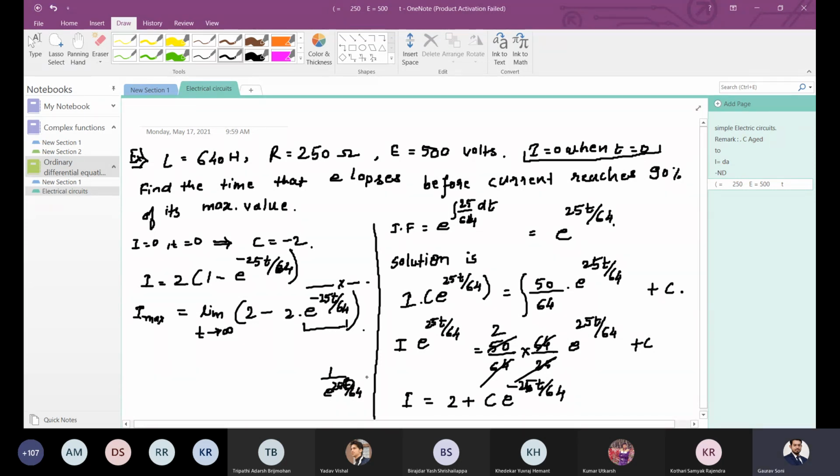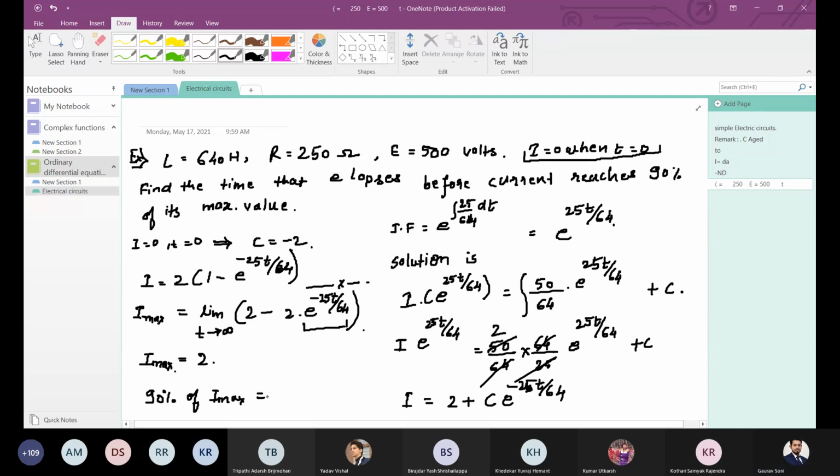If t goes to infinity, this denominator will go to infinity, and 1 upon infinity becomes 0. So this value is going to be 2, and 90% of Imax is equal to 1.8.